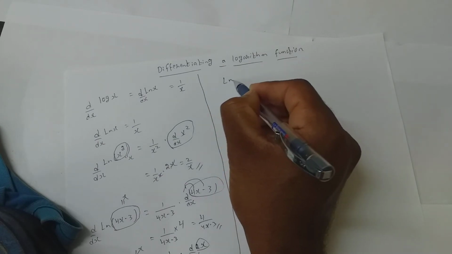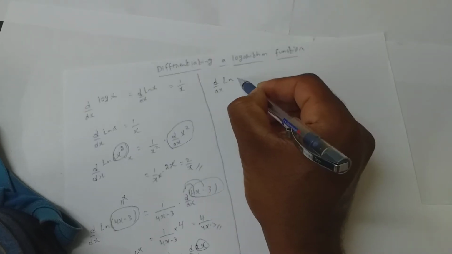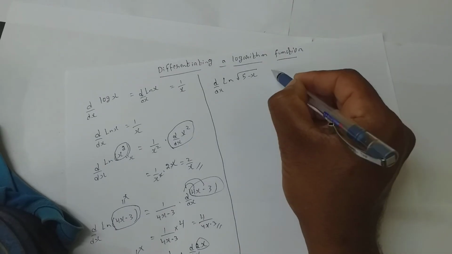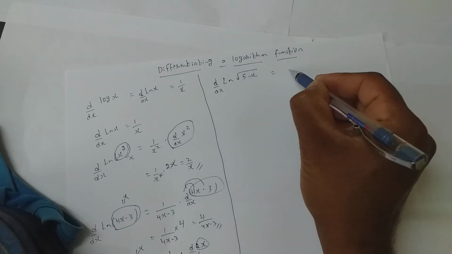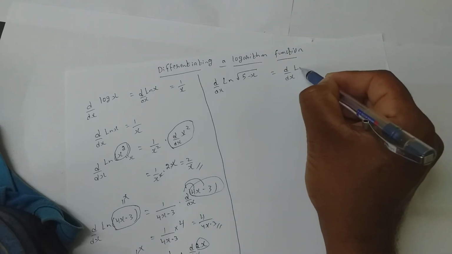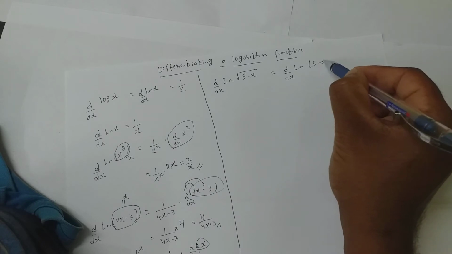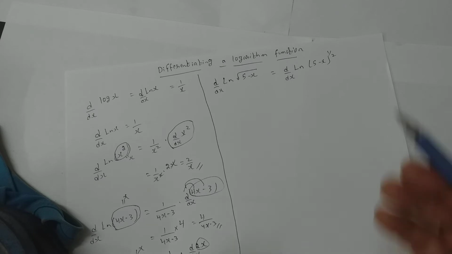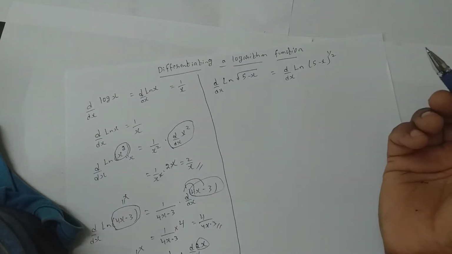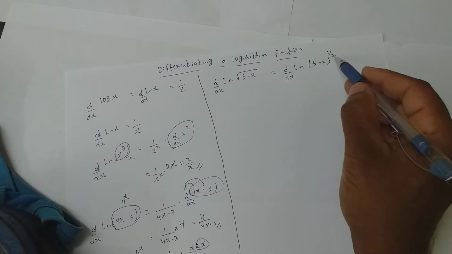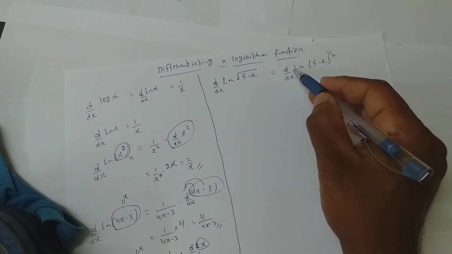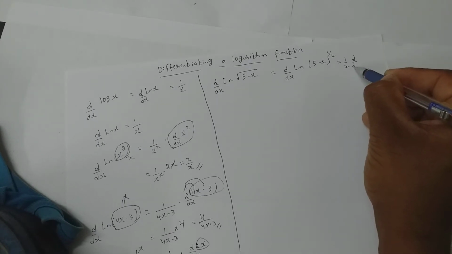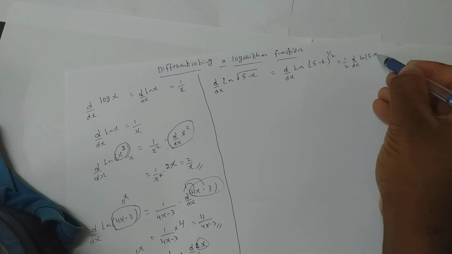If it is d by dx of ln of root 5 minus x, directly you can't differentiate it. So it becomes d by dx of ln of 5 minus x power half, let us say. Clear? We have many ways. Since you have already learned logarithms, this power can be kept before ln and taken out of d by dx. So it becomes half d by dx of ln of 5 minus x.